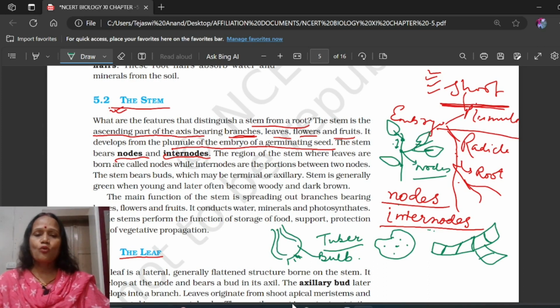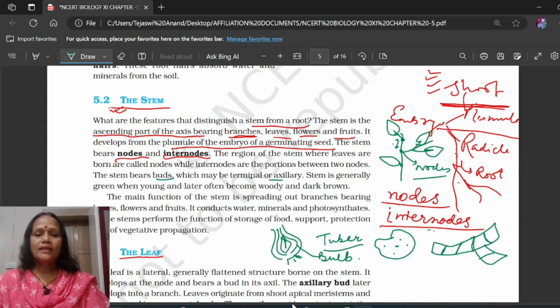They have stored food. Their function is not only anchorage, not only supporting, but they are also storing food. So they are called modified stems. So we understand the region of the stem where leaves are born is called nodes, while internodes are the portions between two nodes. The stem bears buds also.